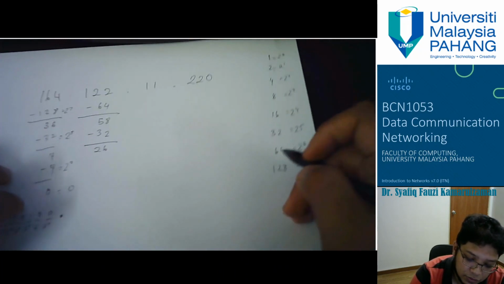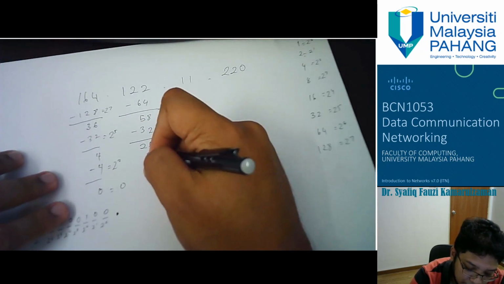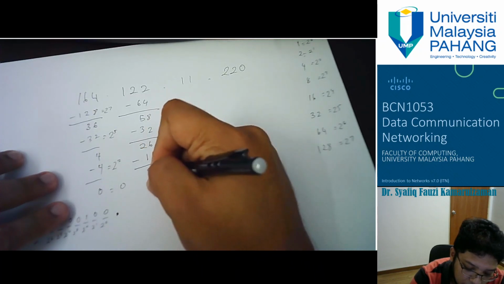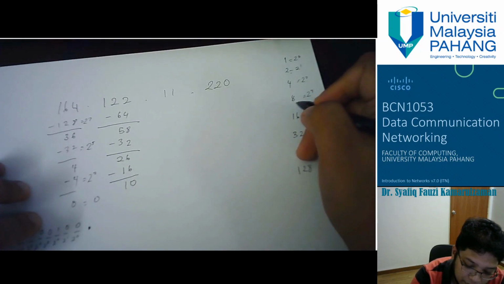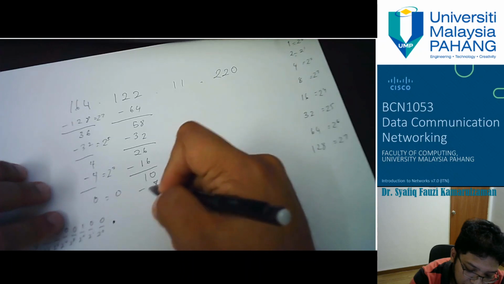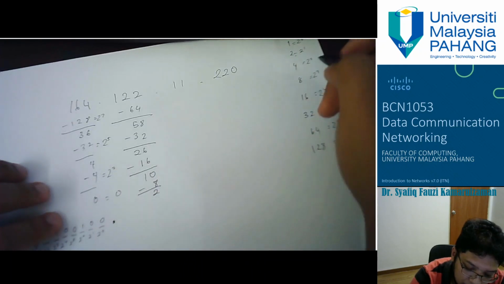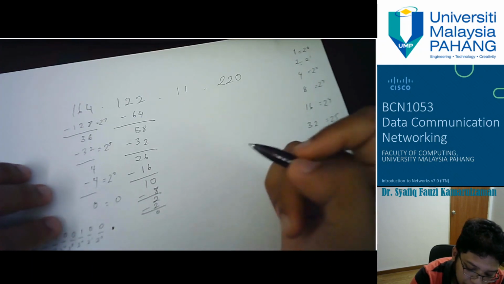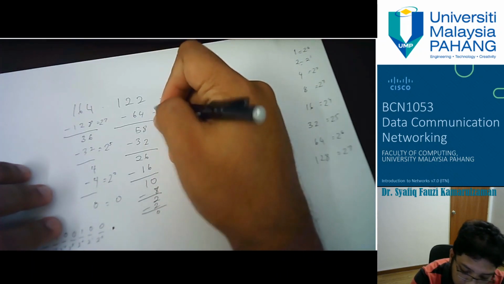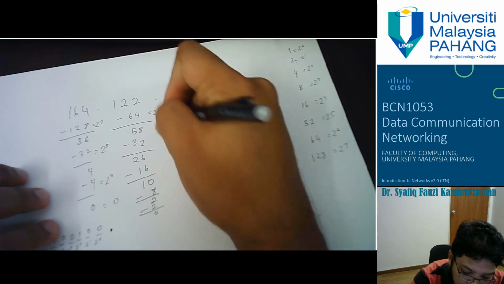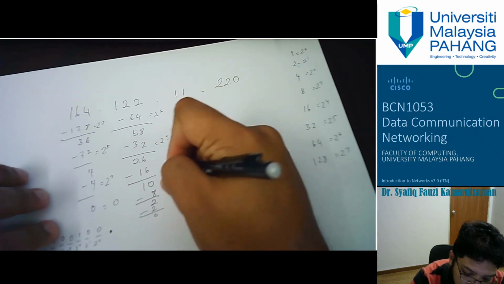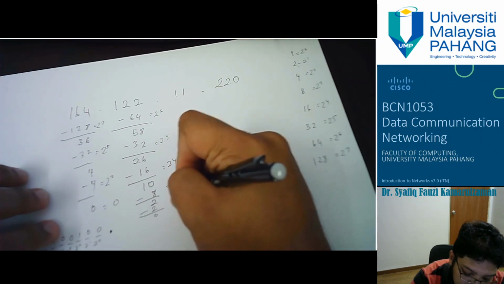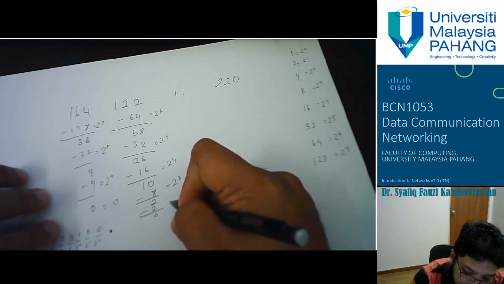The next closest power of 2 is 16. Minus 16, you got 10. Next closest power of 2 is 8, then you got 2. Next closest is 2, then you got 0. So here you got 2 power of 6, 2 power of 5, 2 power of 4, 2 power of 3, and 2 power of 1.